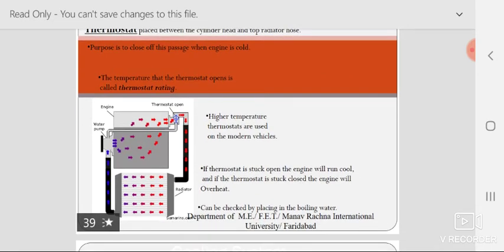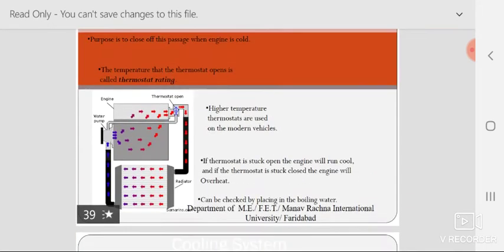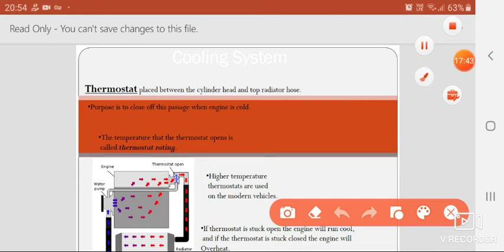Next we come to the basic cycle of the radiator. Let me come to the basic cycle of the radiator. This is the basic cycle of the radiator. In this basic cycle of the radiator, you can see this is the engine.